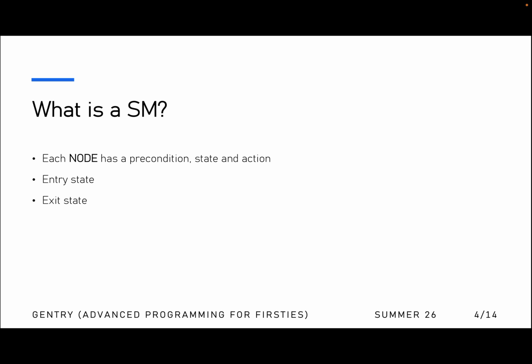I'm going to use precondition and action pretty interchangeably here, because they're essentially the same thing. So then it has a state, which is basically just the name, some kind of description of what is contained in that state. And then an action, which is what action the state will take or what it will do.